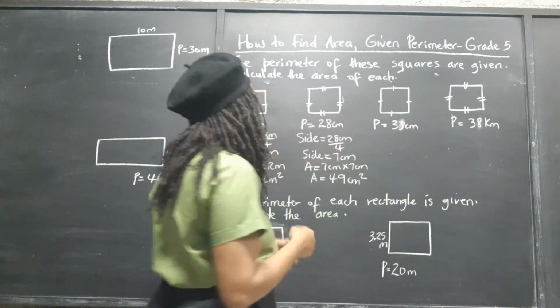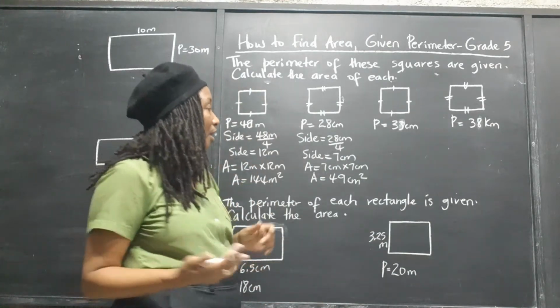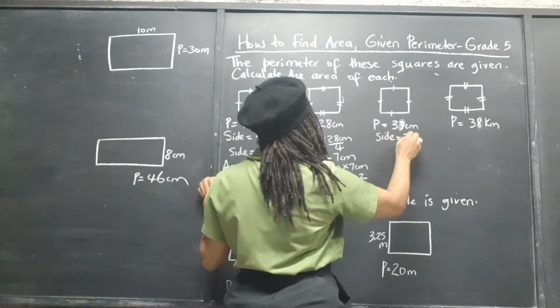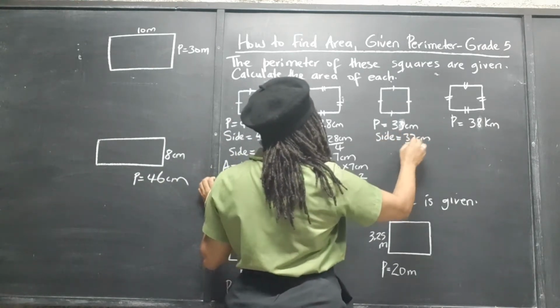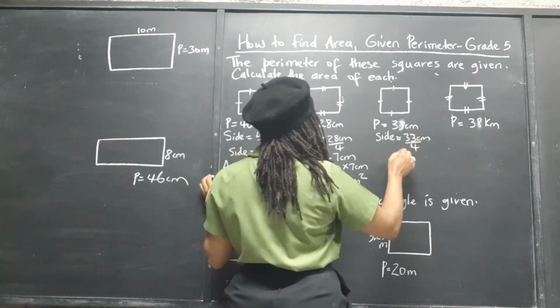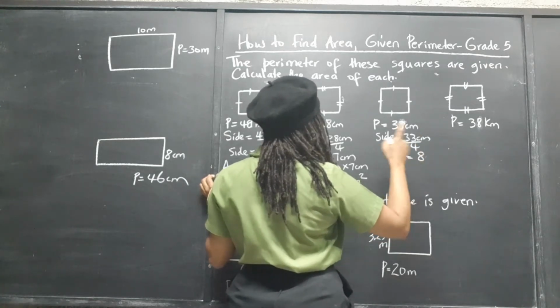Alright, so the perimeter is 33, and we want the side. So we're going to divide the perimeter by 4. 33 divided by 4, 4 into 33 goes 8 times remainder 1.